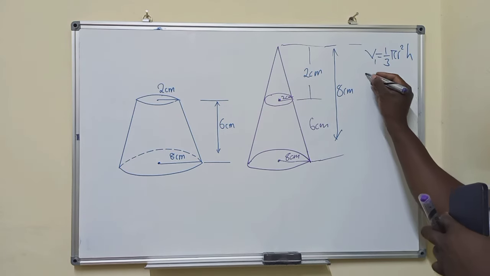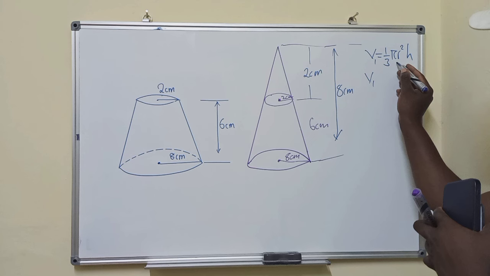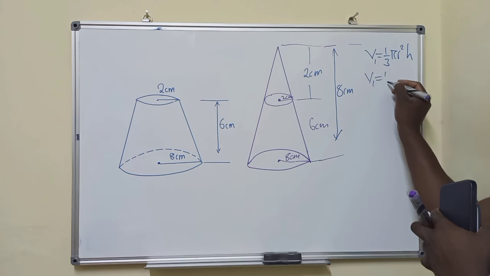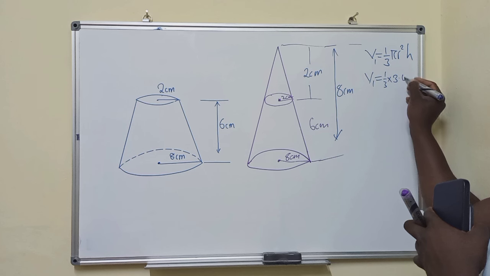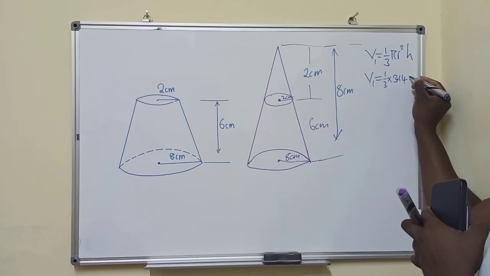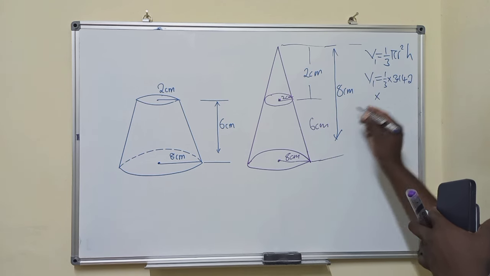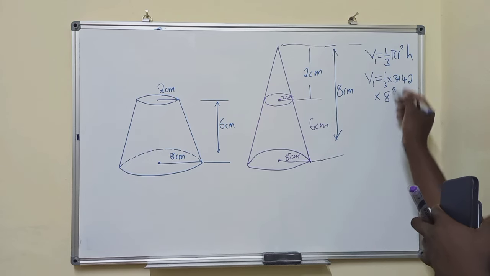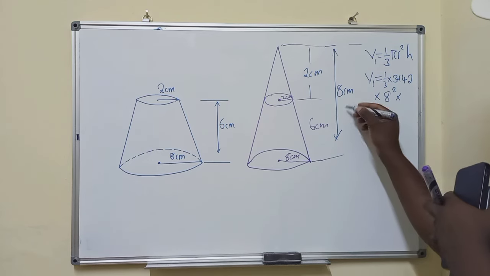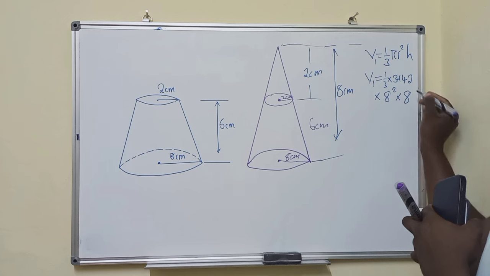The entire cone. So we say the volume of the bigger cone will be equal to 1 over 3 times pi, we use 3.142, times the radius of the bigger cone, which is 8 squared, times the height of the bigger cone, which is 8.